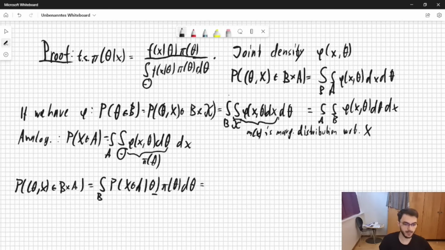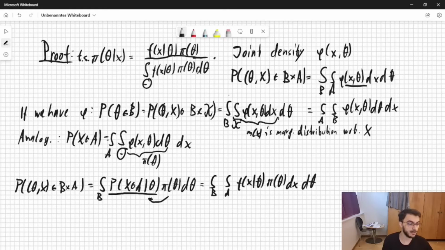And we already know what this is. This is just the integral over A over the sampling distribution of x given theta. And then we can just plug pi of theta into the integral because it doesn't depend on x. So we have this whole integral over x and then the whole integral over theta, which is exactly what we want. It's exactly this function, so that's how we're going to define it.